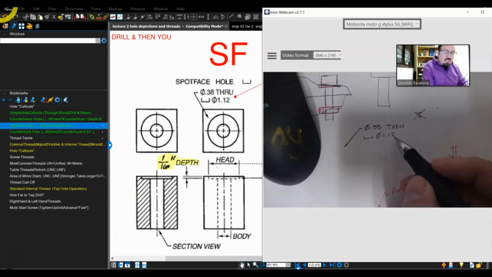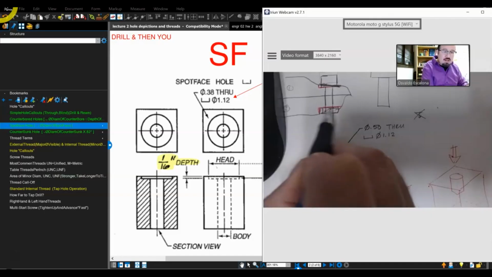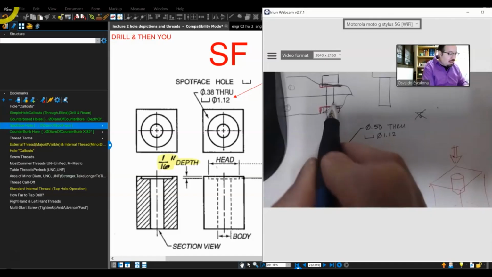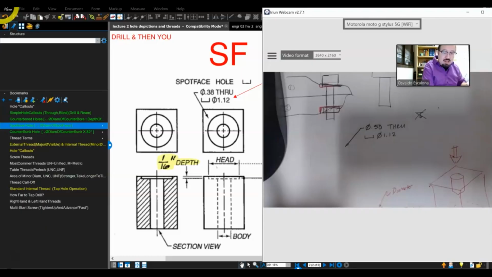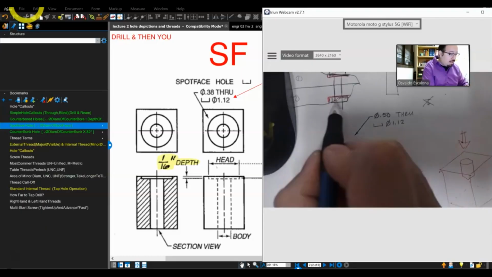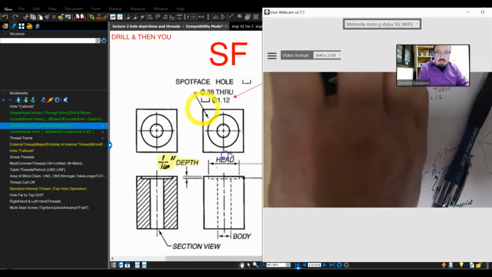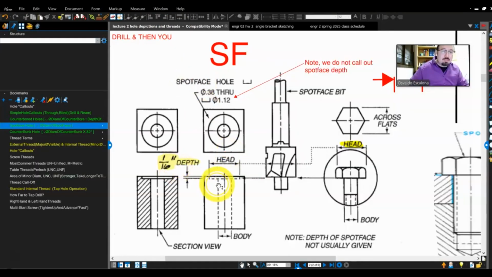Now, since it's a spot face, it doesn't require the depth, and the depth is going to be based on manufacturing, as long as I can produce a flat surface, right? Now, in terms of drafting purposes, because I don't have a depth, the standard is for you to make the depth of the counterbore 1/16 inch in terms of depth.